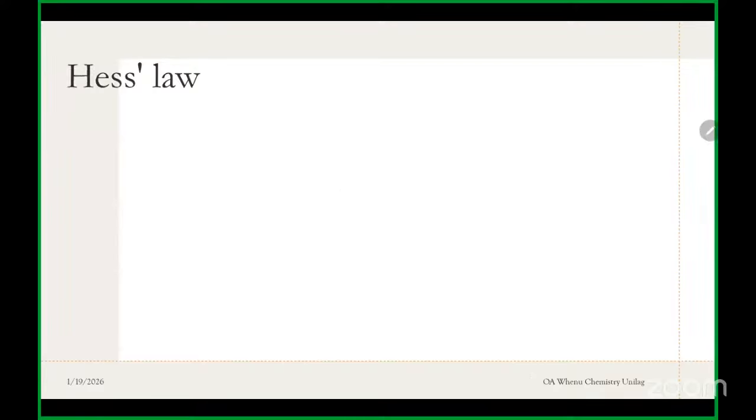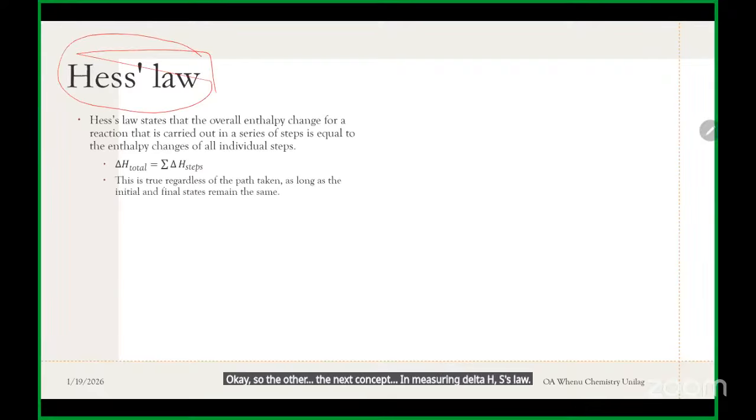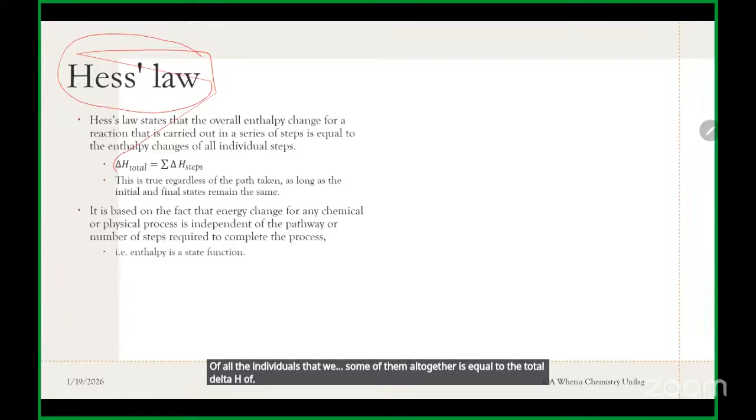Okay, so the next concept in measuring delta H: Hess's law. According to Hess's law, when you carry out a reaction in several steps, the total delta H of all the individual steps, if you sum them all together, is equal to the total delta H of the net reaction.